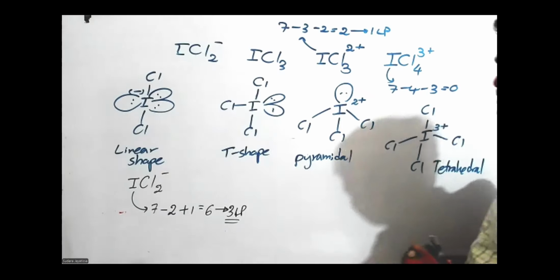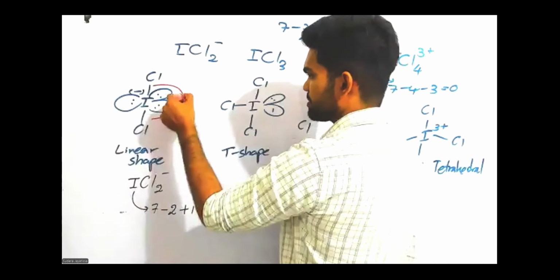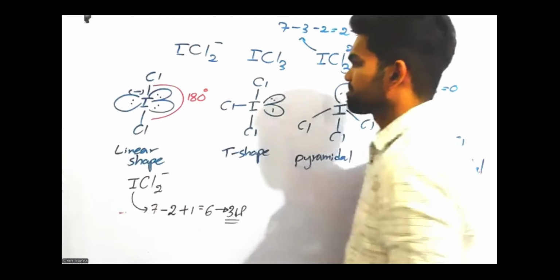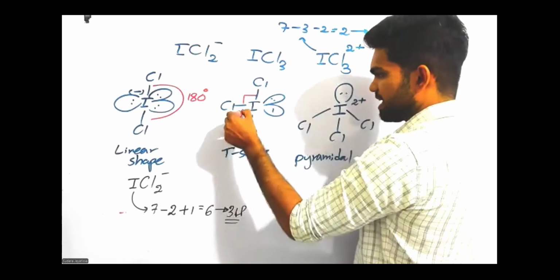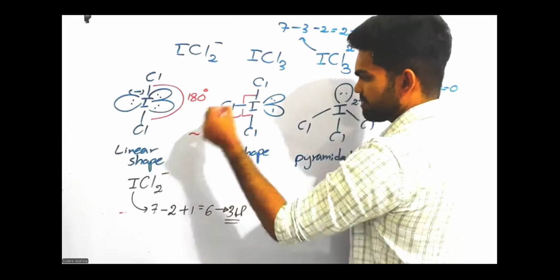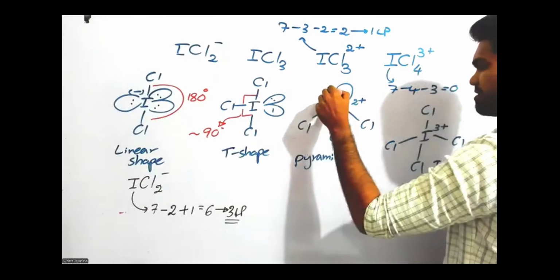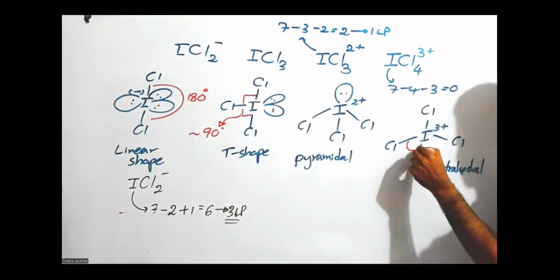Yes, what are the angles? If it is linear, then the angle between these two is going to be 180 degrees. Now here, we are checking the angles. It's not exactly 90, but it is going to be somewhere around 90. And this is a tetrahedral one, exactly tetrahedral.